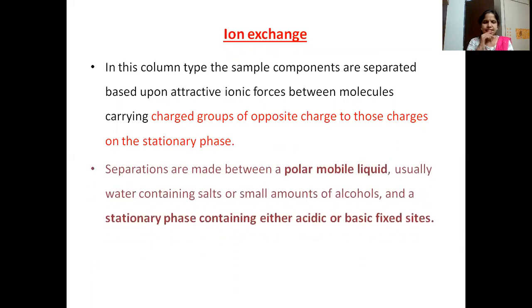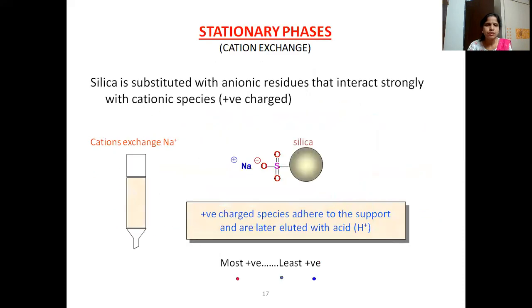So that is nothing but here in ion exchanges, we have two types of ion exchanges. Those are anion and cation exchanges. Now we'll see those two types. So first a cation exchanger. As we know, in the last class we have done this ion exchange chromatography. So there also a cation exchanger is nothing but where the counter ion is cation.